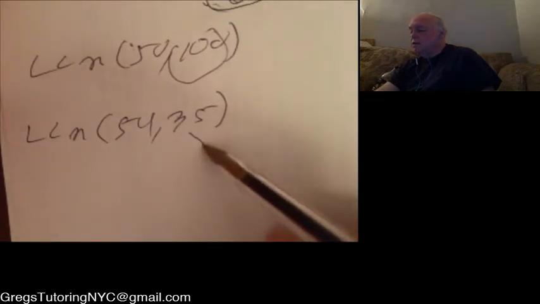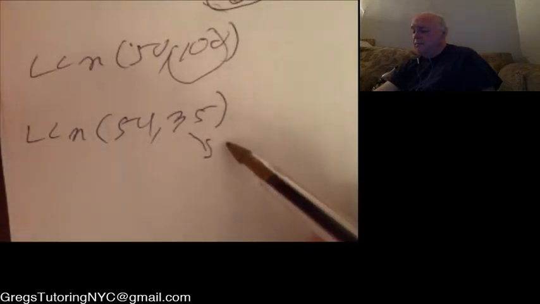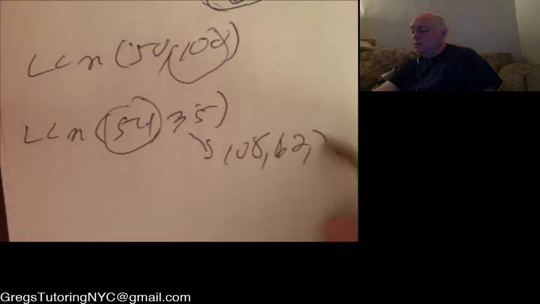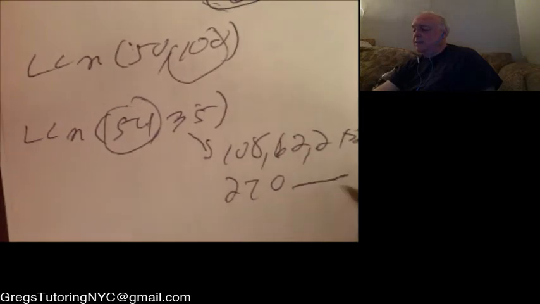If I have LCM of 54 and 35, I'm going to leave this as an exercise to you guys. But what's going to happen is, 54 is the larger number. 35 is not a factor, and you're going to get multiples 108, 162, 216, 270, and then it gets uglier.